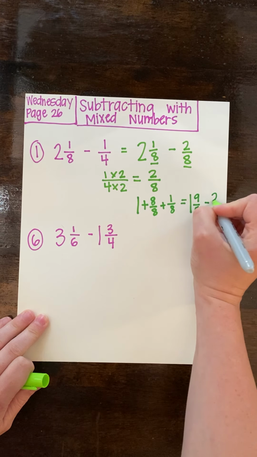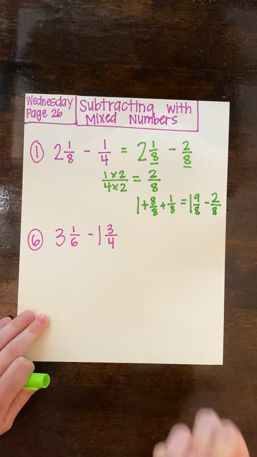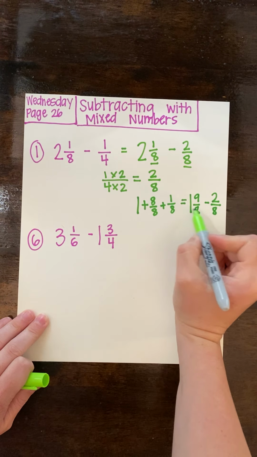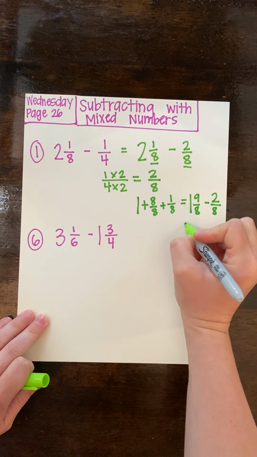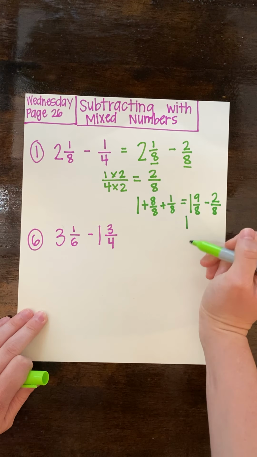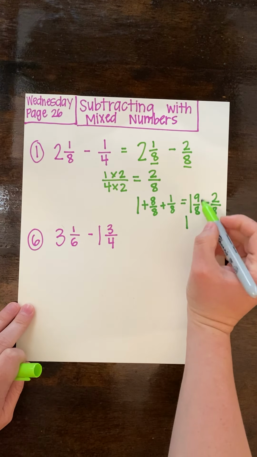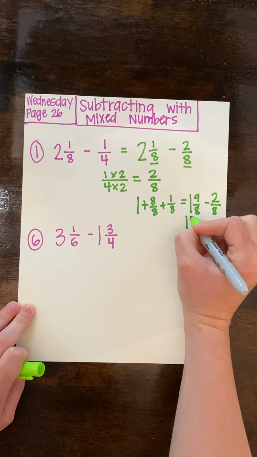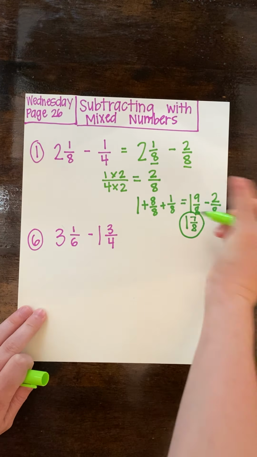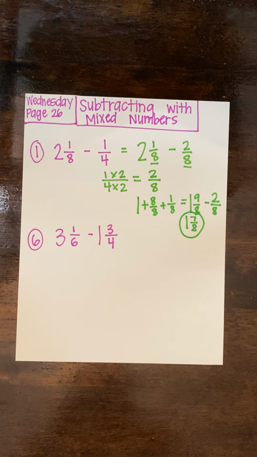And then I'll be able to subtract my 2/8 from that. So now that I can subtract the fractions, I can go ahead and write my 1 whole down. I'll still have 1 whole. Then I have 9/8 minus 2/8. I know that 9 minus 2 is 7, and my denominator will still be 8. So the answer to number 1 is 1 7/8.